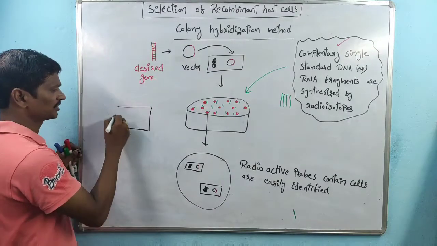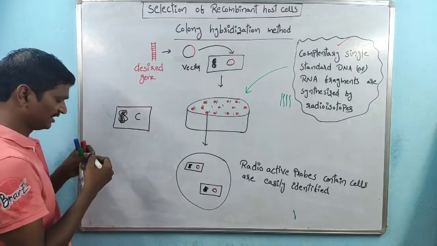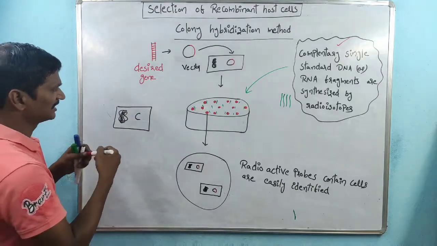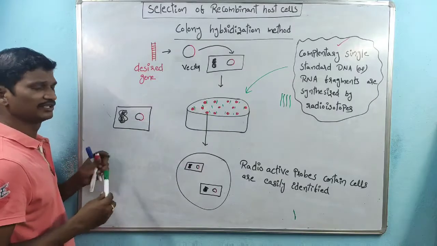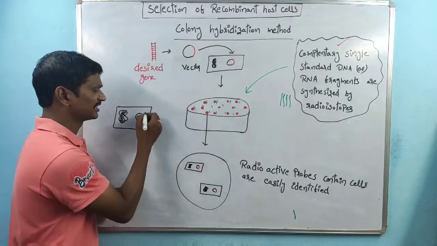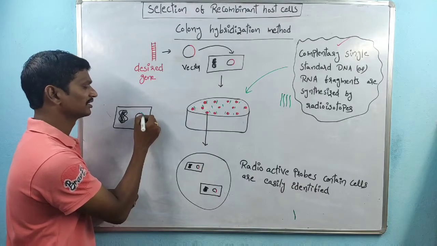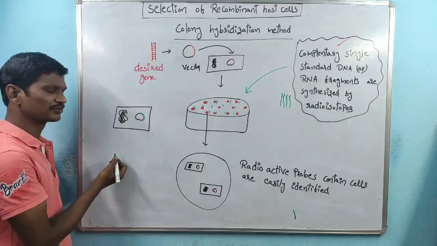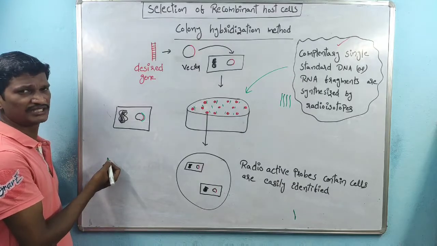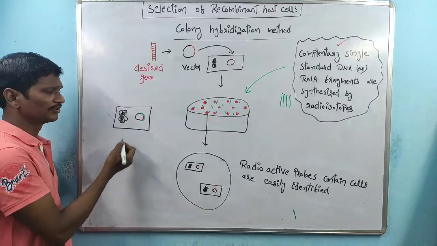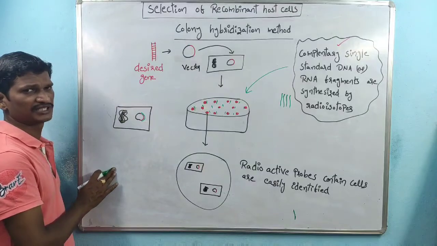This is the main genetic material, this is the plasmid DNA, and this is the desired DNA. The fragment enters the cell, and the fragments only bind to the desired DNAs. So if the desired DNA is present, the fragments are bound.